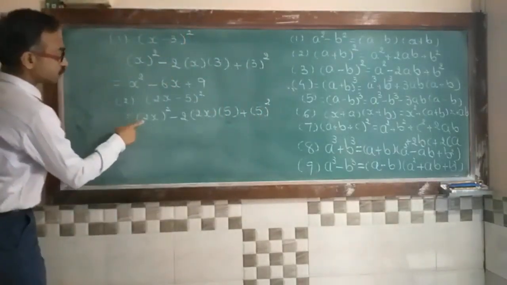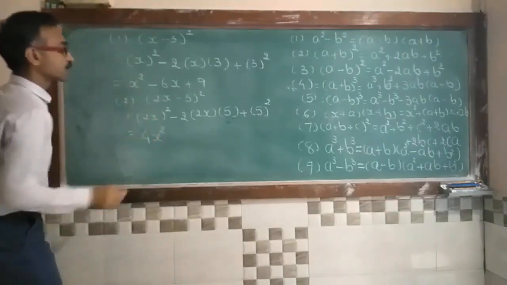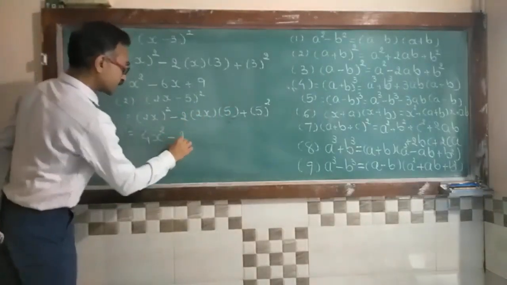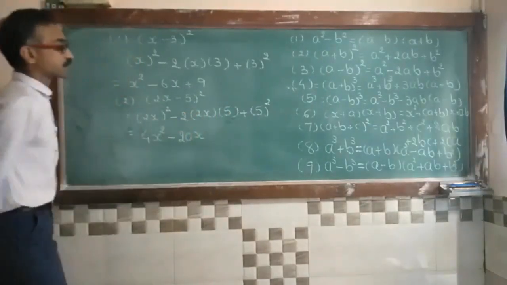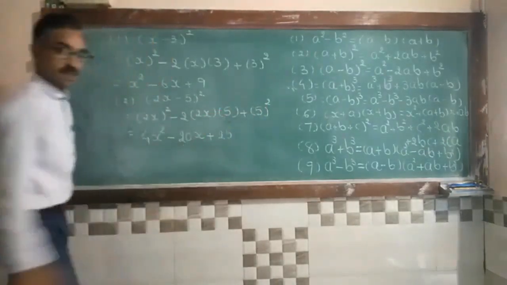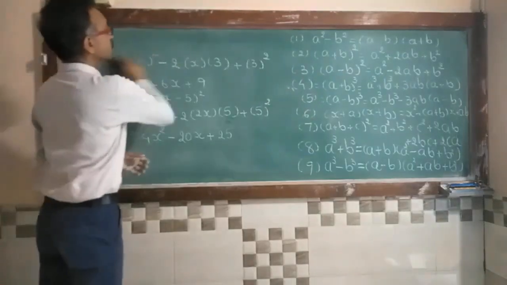So the answer is 2 square is 4, x square minus 20x plus 5 square is 25. Okay?